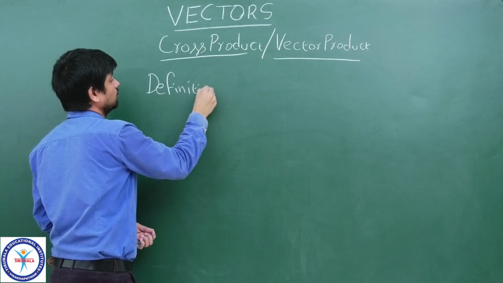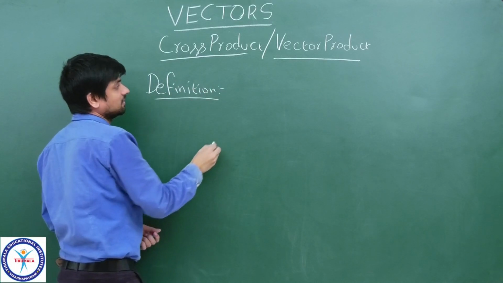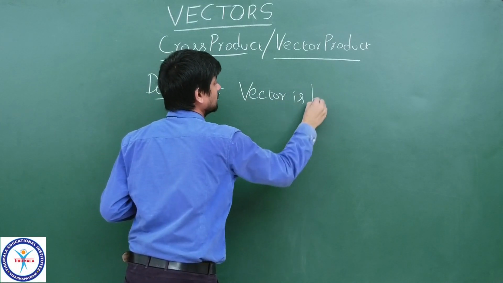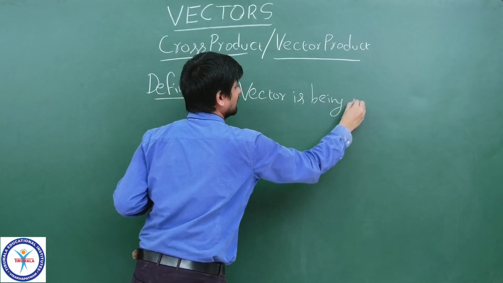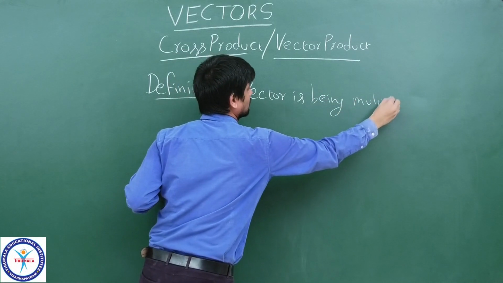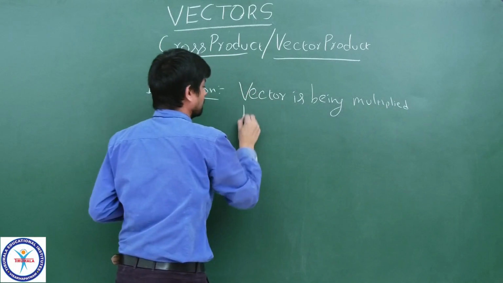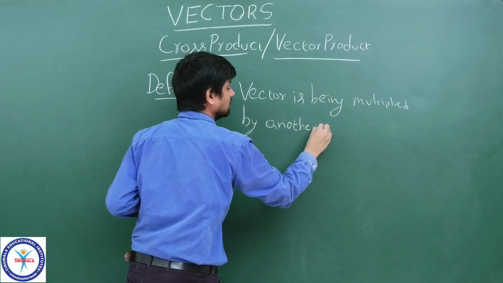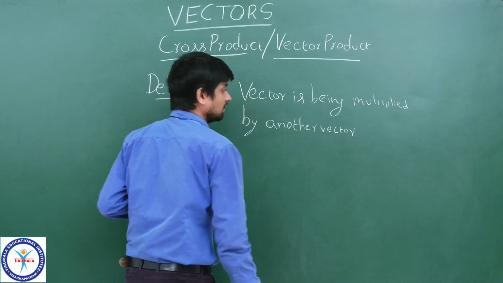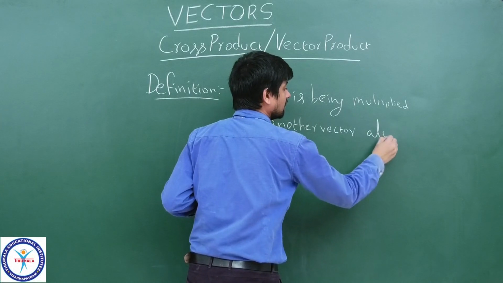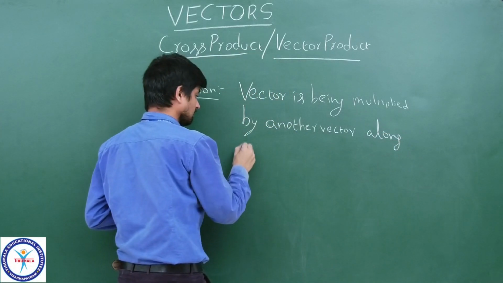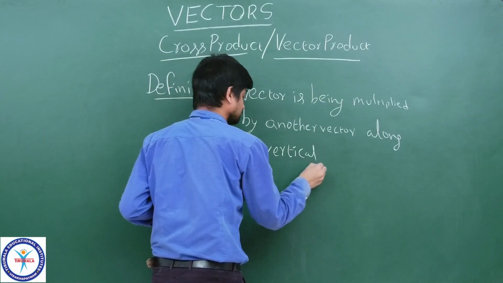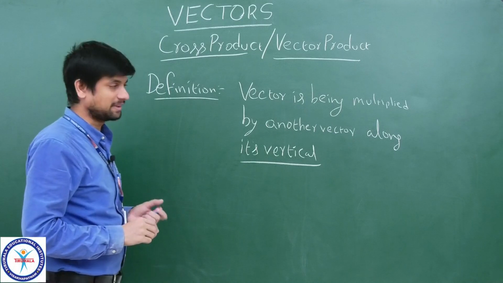Definition: one vector is being multiplied by another vector along its vertical. So, how is this possible?